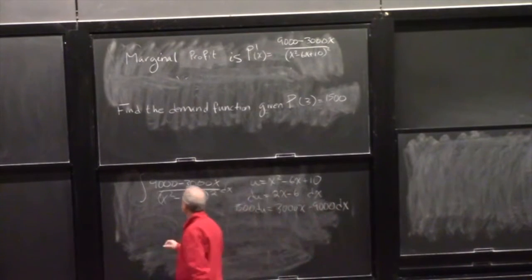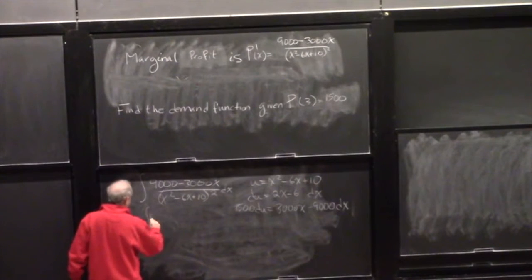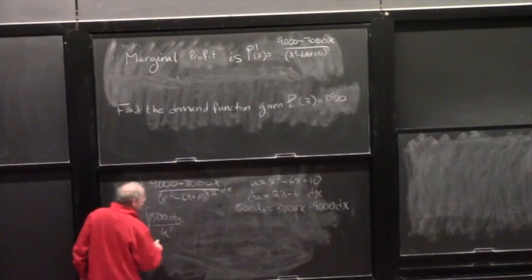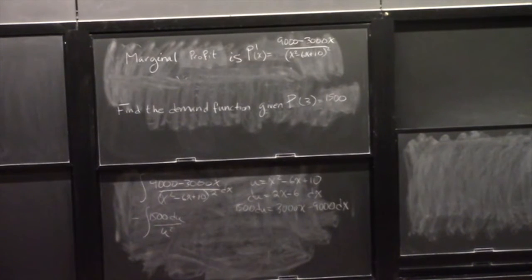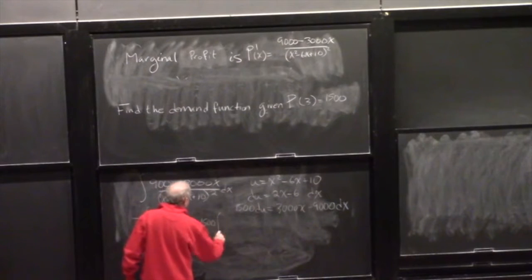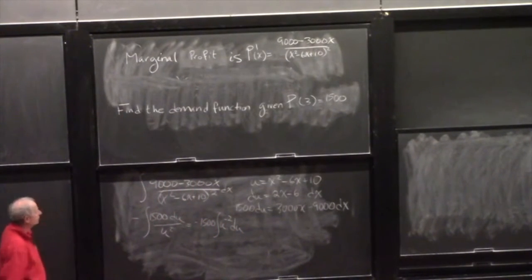So this would then become minus 1,500 du over u squared, which is minus 1,500 integral of u to the minus 2 du. See, it's always going to do something like this.